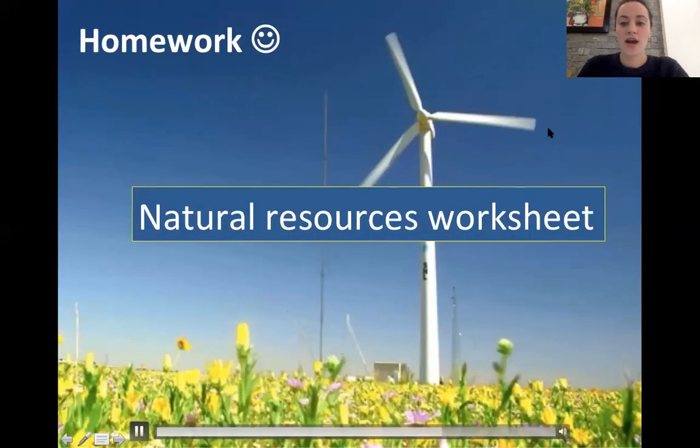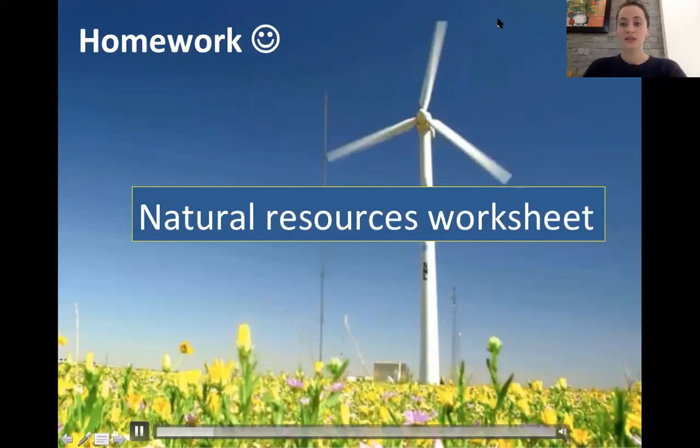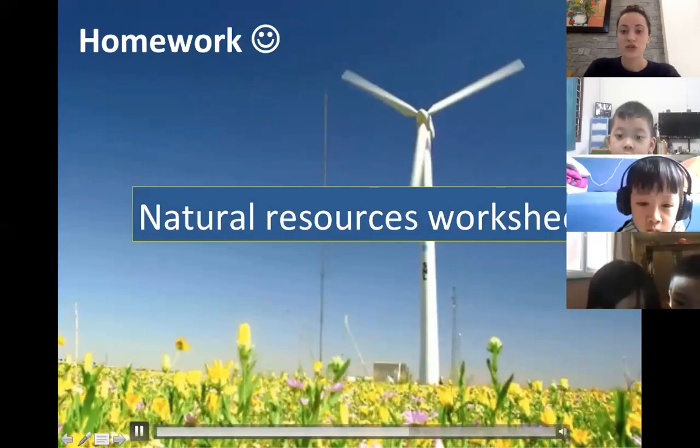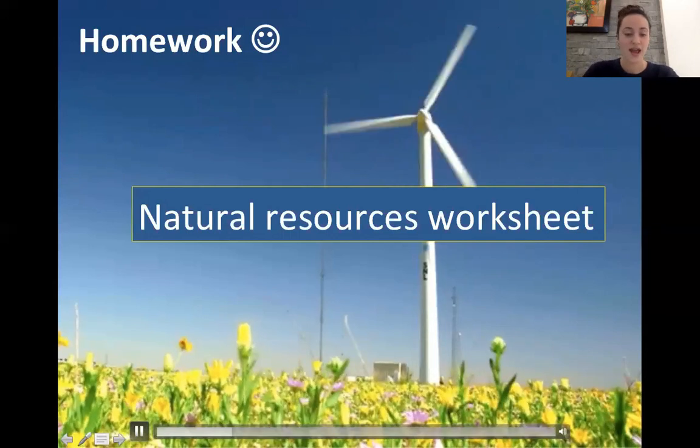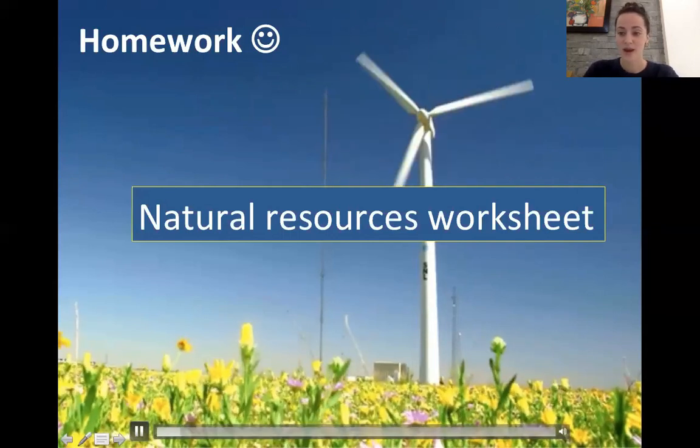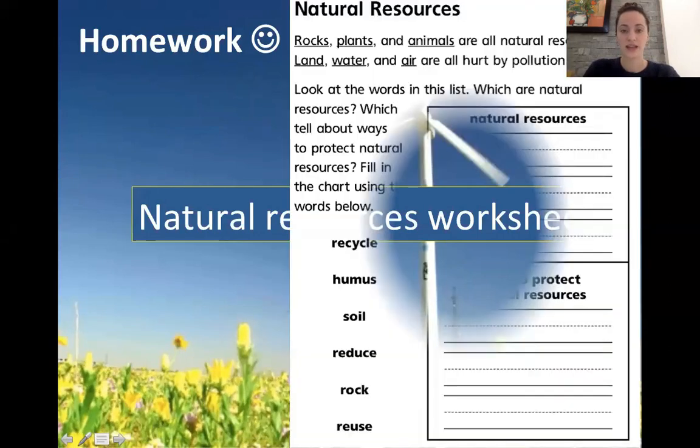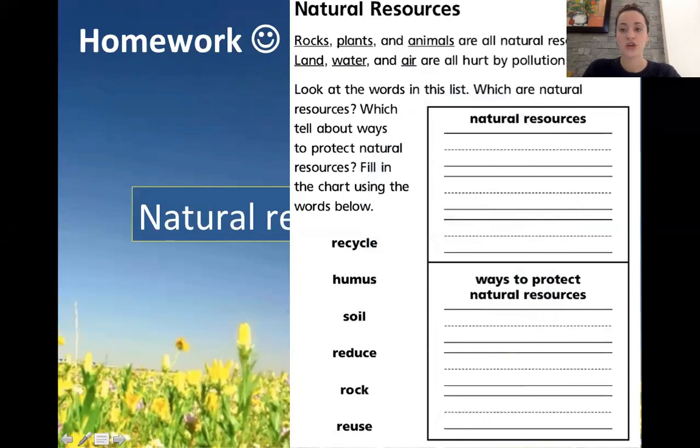Okay, your homework is a natural resources worksheet. You don't have to print it. You can just write your answers on another piece of paper. Here's the worksheet. Make sure you read this out loud, maybe to your parents. So, look at the words in this list. There are 6 words. Which ones are natural resources? Which tell us about ways to protect natural resources?